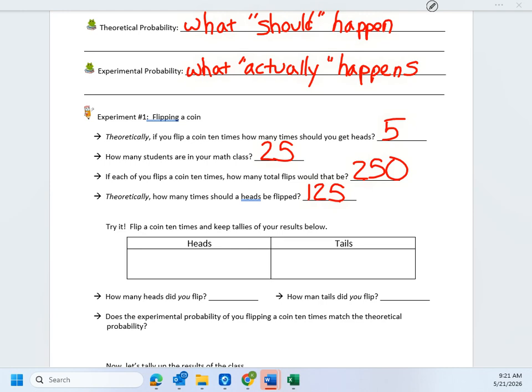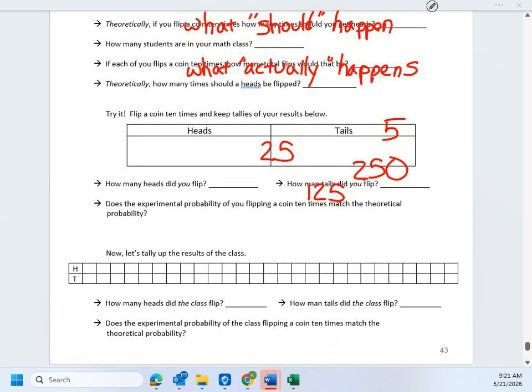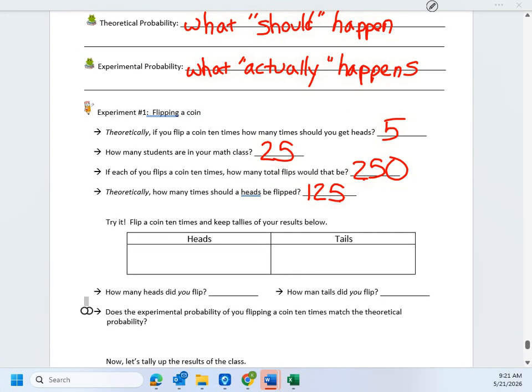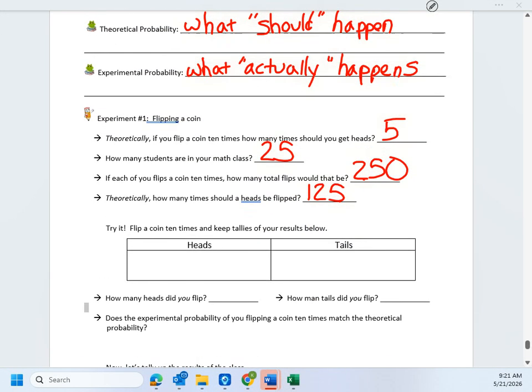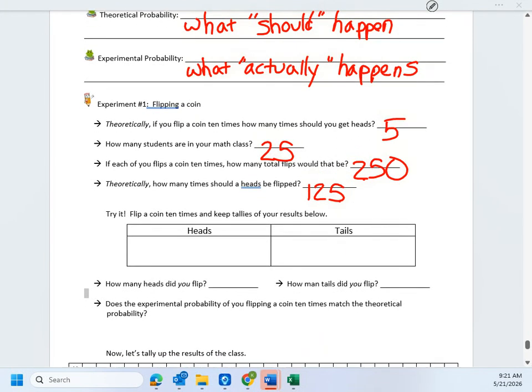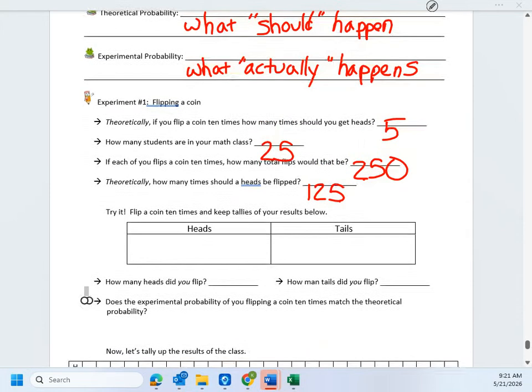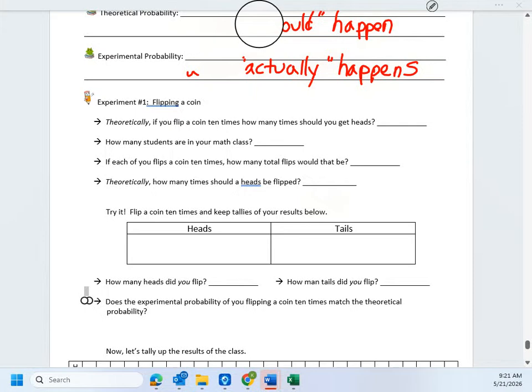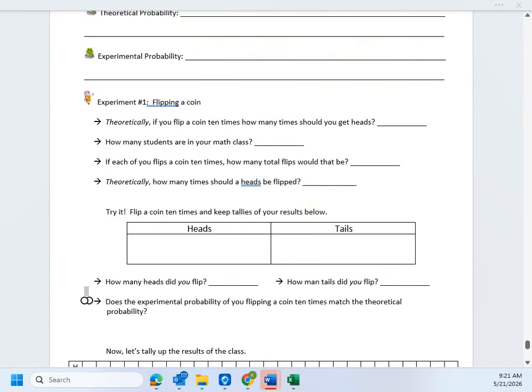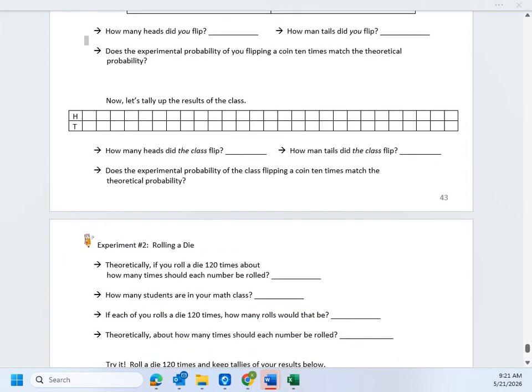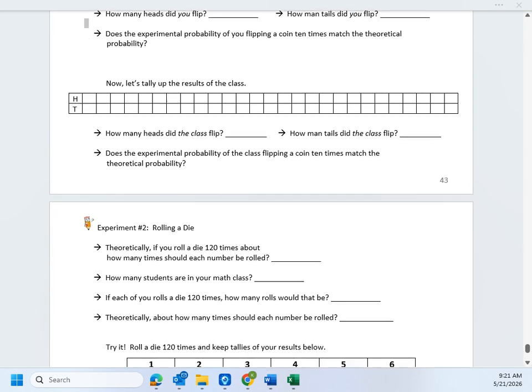I got 5 and 5. No way. Dude, I got 5 and 5. I got 5. Wait, I just got 5 too. Leo, I got all heads. I got all heads. I got 5 and 5.